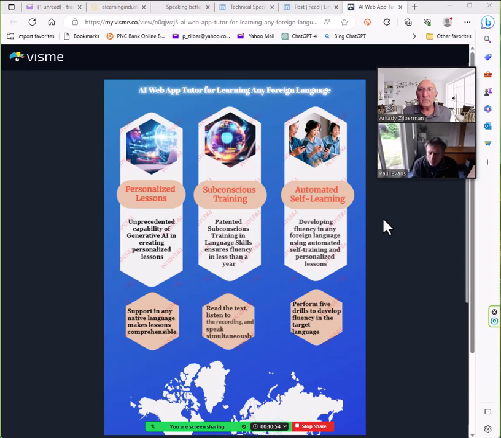The third component of this application, I call it automated self-learning. What does that mean? In the past, the concept of automated self-learning was used only for machine learning.